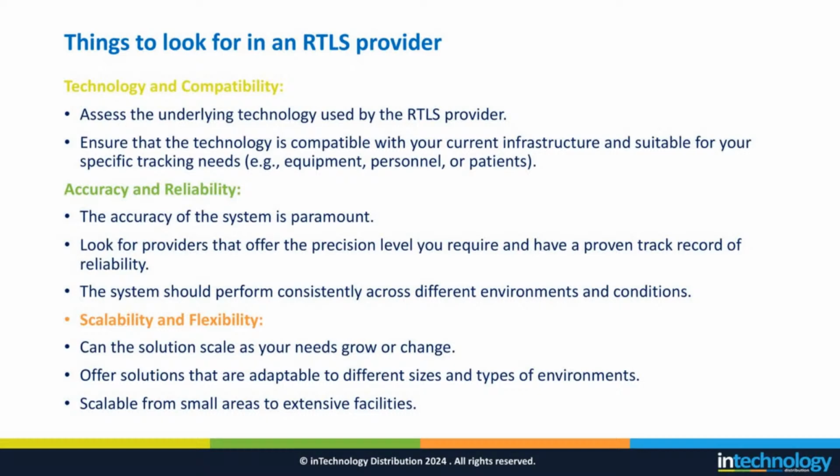So look for a provider that provides you with the level of accuracy that you need. If you only need to know that it's on the floor, look for a vendor that can do that. If you need to know that it's in this room and on this shelf and in this vicinity, within like a 10 centimeter or a sub-meter range, look for a vendor that has that functionality.